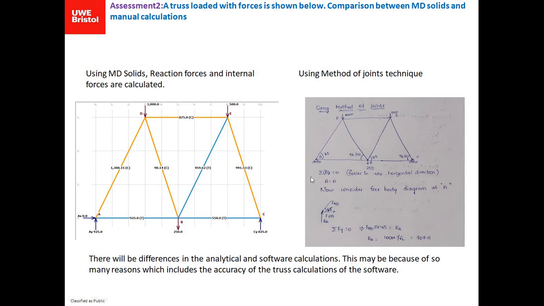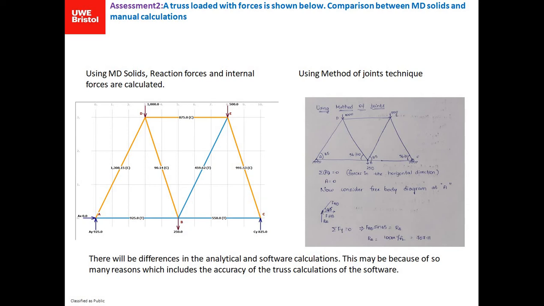Because when we use different types of techniques, like I used here the method of joints, maybe in the method of joints there will be some assumptions during the derivation of this particular theory. So those assumptions differ from the realistic ones, and those values won't be equal. So as we know, if we are considering some assumptions, then we can't simply match them to realistic problems and realistic values.